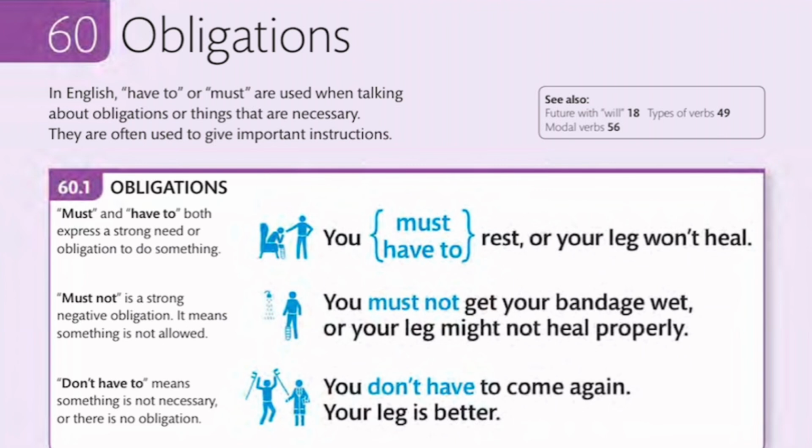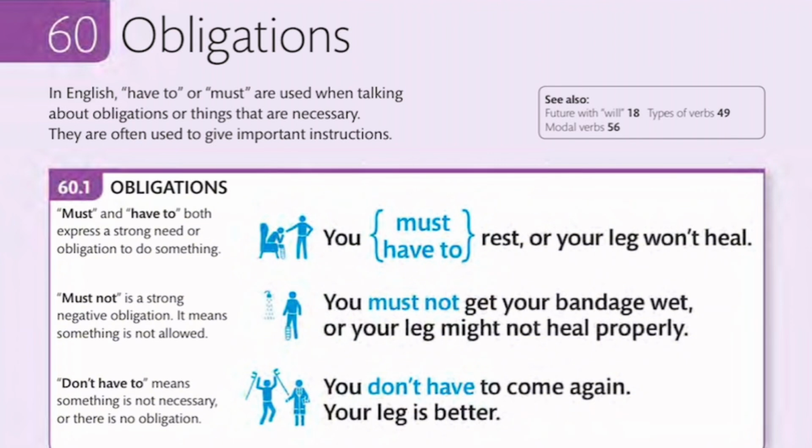Must not is a strong negative obligation, and it means something is not allowed. For instance, you must not get your bandage wet or your leg might not heal properly. Don't have to means something is not necessary or there's no obligation. You don't have to come again.